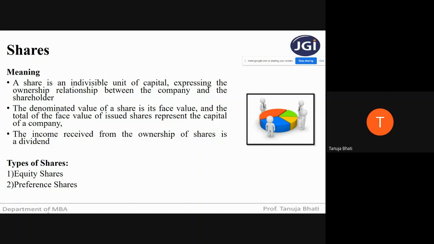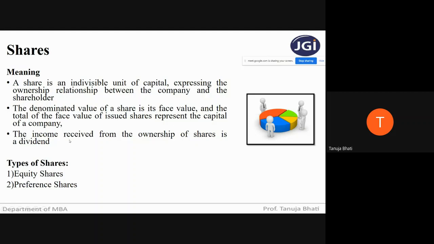So first let us understand what is a share. A share is an indivisible unit of capital expressing the ownership relationship between the company and the shareholders. The denominated value of a share is its face value, and the total of the face value of issued shares represents the capital of the company.